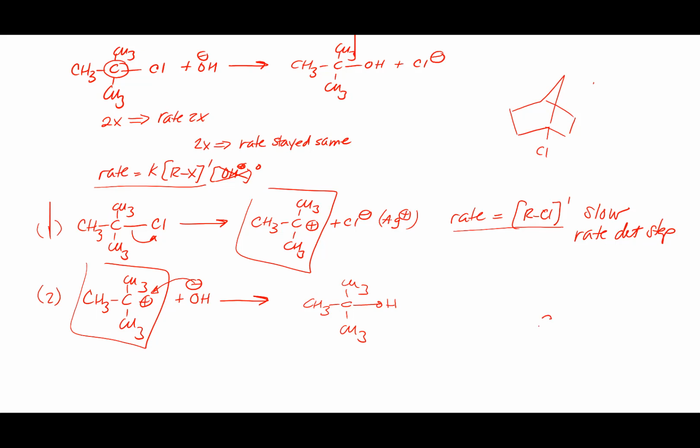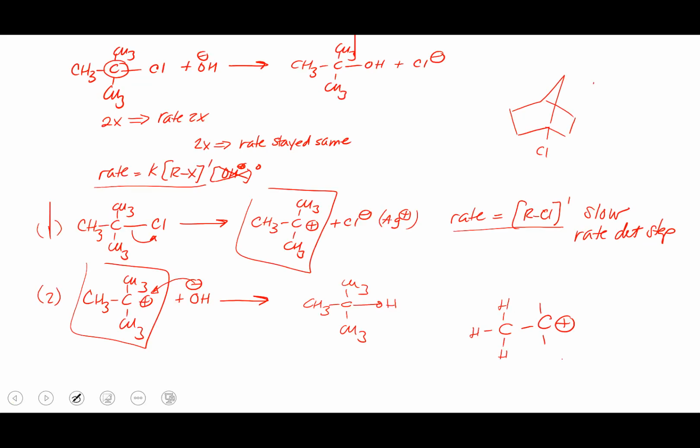The first thing is, any carbon with a plus charge only has 6 electrons. So how can I make it stable? Last thing, we'll end with this. Anytime you add an alkyl group to a C+, it stabilizes it.